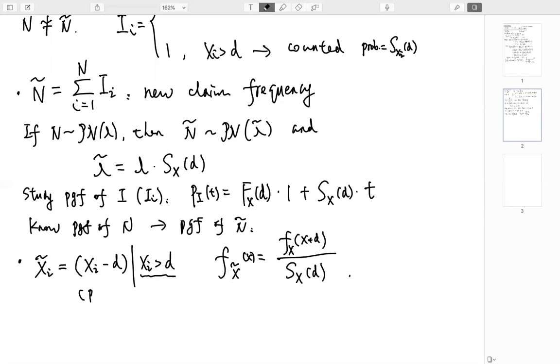That's what we used to call a payment event, right? That is why right now you can think a collective risk model is a model that collects all the payment events, right? So of course, the denominator takes care of the condition. And if this X tilde is equal to small x, then this big X will be small x plus d, right? That's the numerator part.